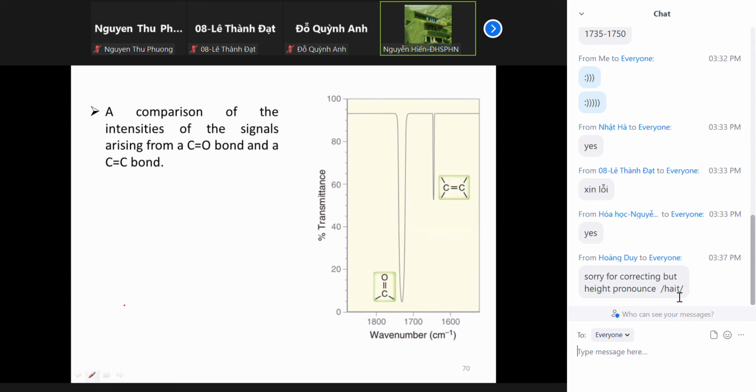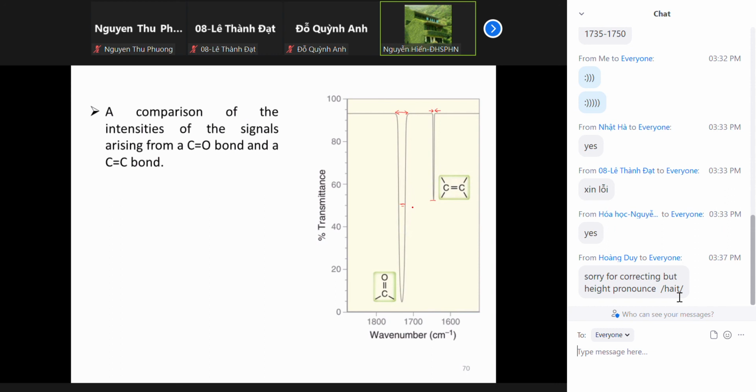The base of the CO peak is significantly greater than the base of the peak of the CC double bond, and the height of the peak of the CO double bond is nearly 2 times greater than that of the CC double bond.